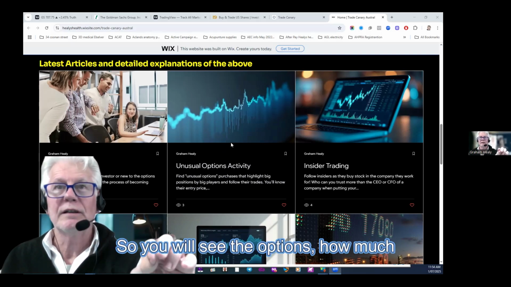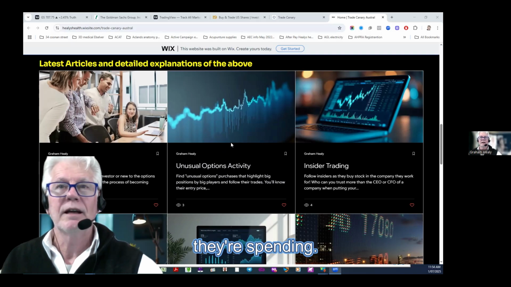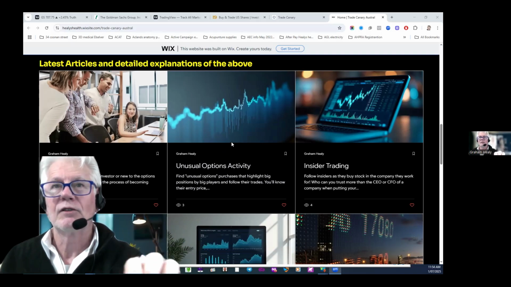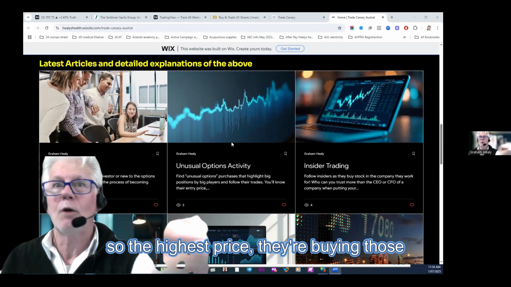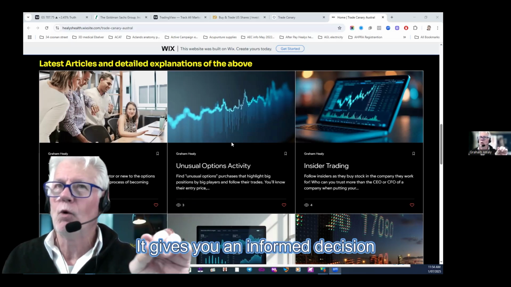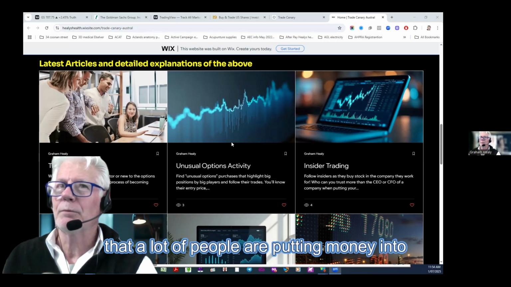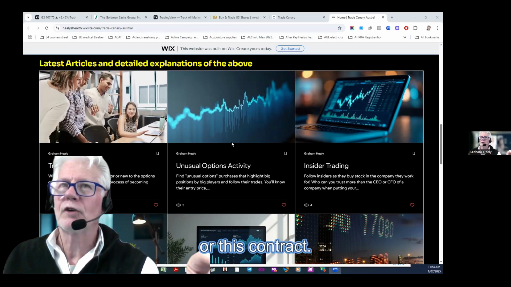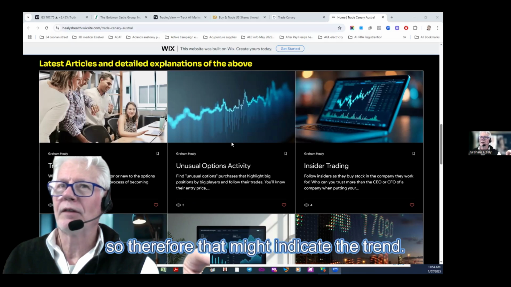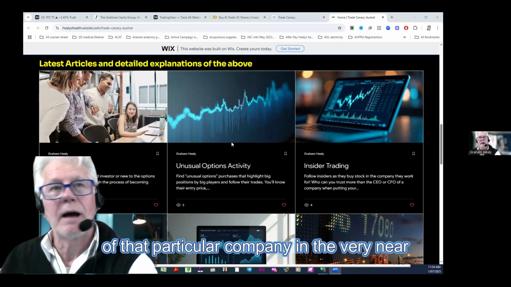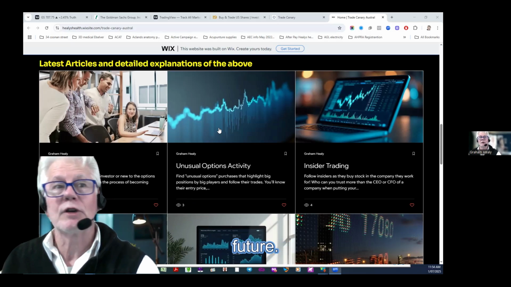So you will see the options, how much they're spending, and if they're buying the option at what they call the bid price, the highest price. That gives you an indicator. It gives you an informed decision that a lot of people are putting money into this particular level of option or this contract. And so therefore that might indicate the trend of that particular company in the very near future.